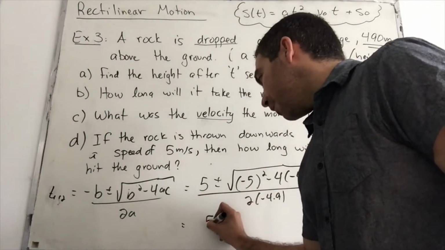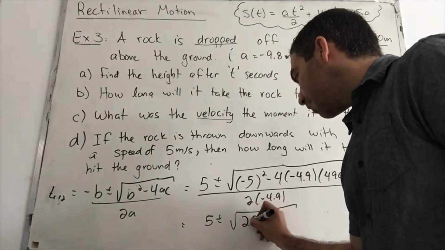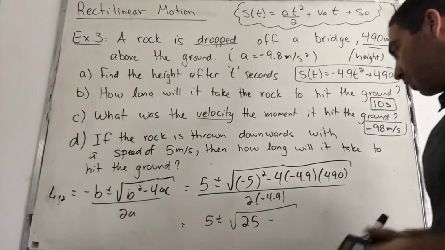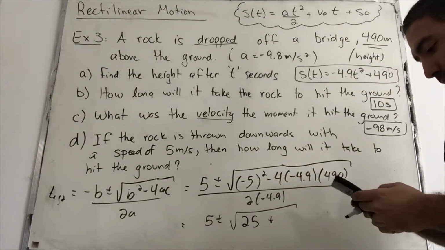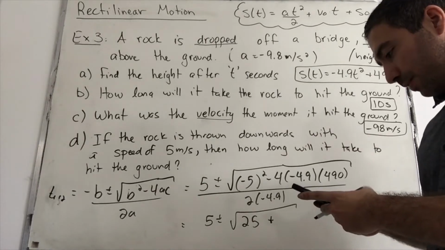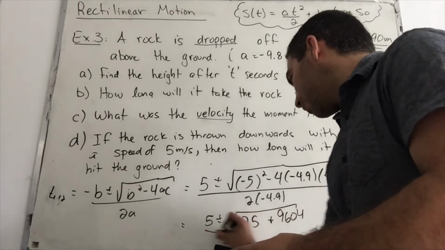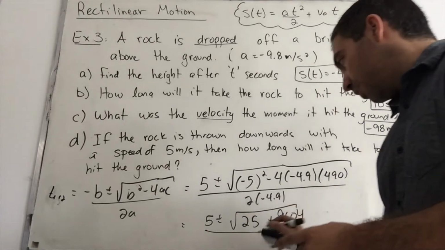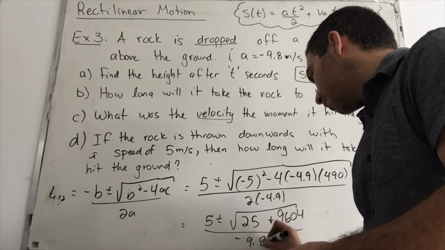So what we get is 5 plus or minus the square root of 25. Negative 5 squared is 25, minus, actually there's two negatives, so it's going to become positive, 4 times negative 4.9 times 490. I'm getting 9,604. All this divided by negative 9.8.